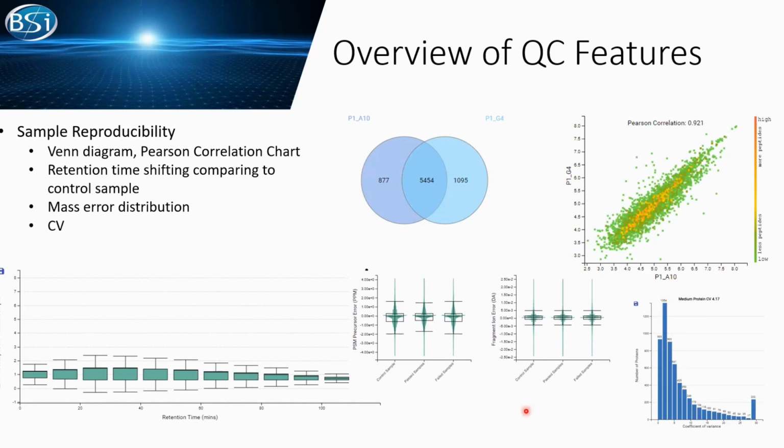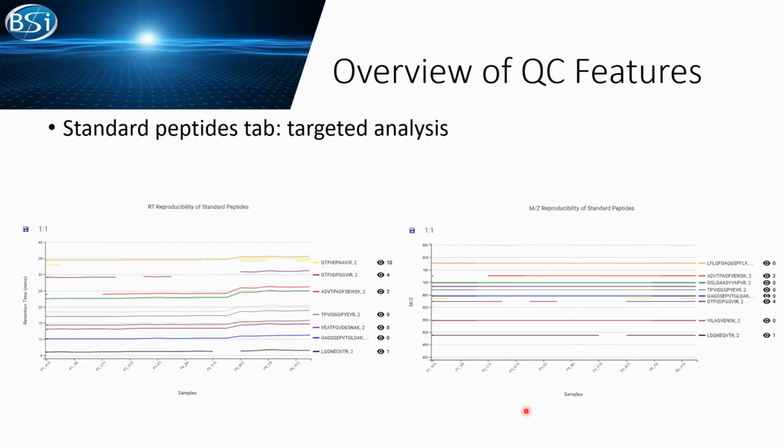So we talked about this data. They're all more general, not really targeted. We can also do targeted analysis in the QC feature of the Pix Online. So we can take a look at that. For targeted, which is also the standard peptides that you choose to watch, we give out a comparison chart, reproducibility chart here.